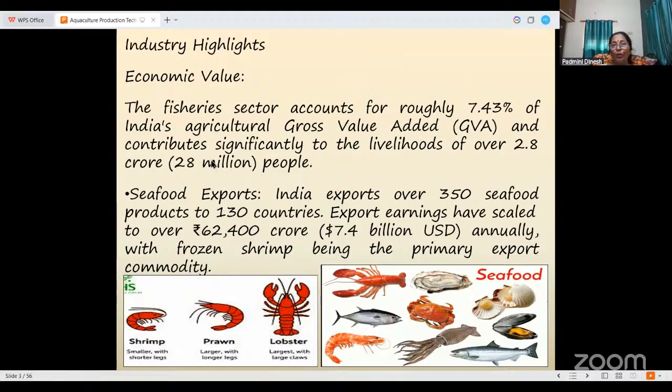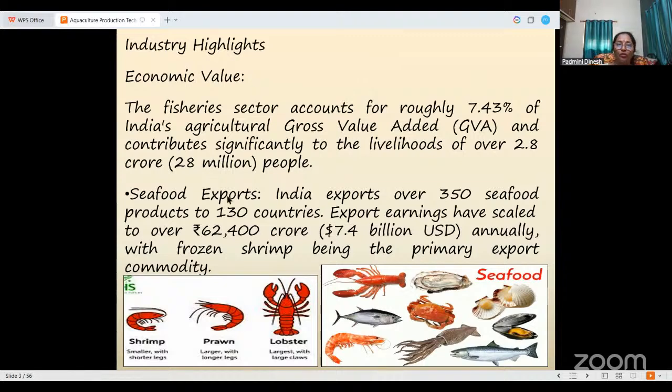So imagine 28 million people depend on this fishery sector, whether it is freshwater, marine water, or brackish water. So 3 types of culture. So 28 million people survive only on this fishery sector.